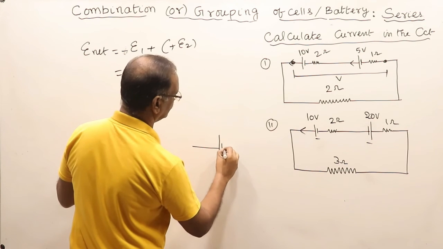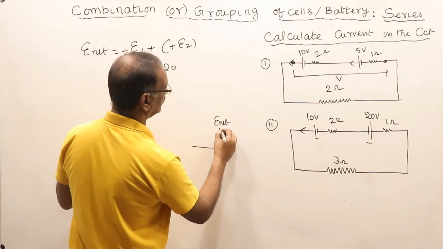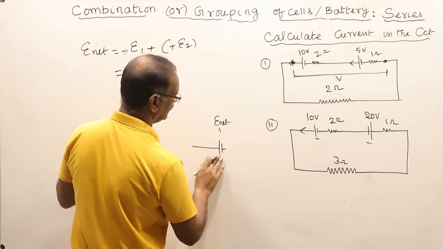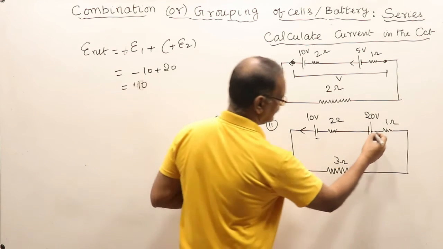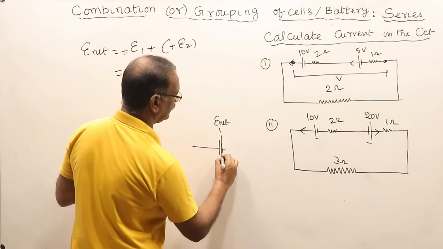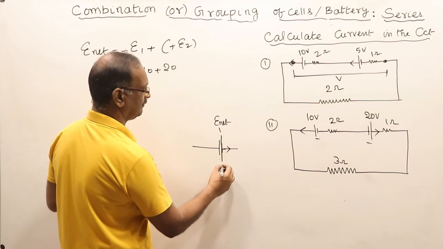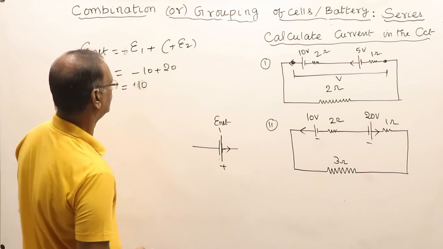The battery EMF E net should be like this, because this is bigger, current will flow in this direction, because current always flows from the positive terminal out to the external circuit.